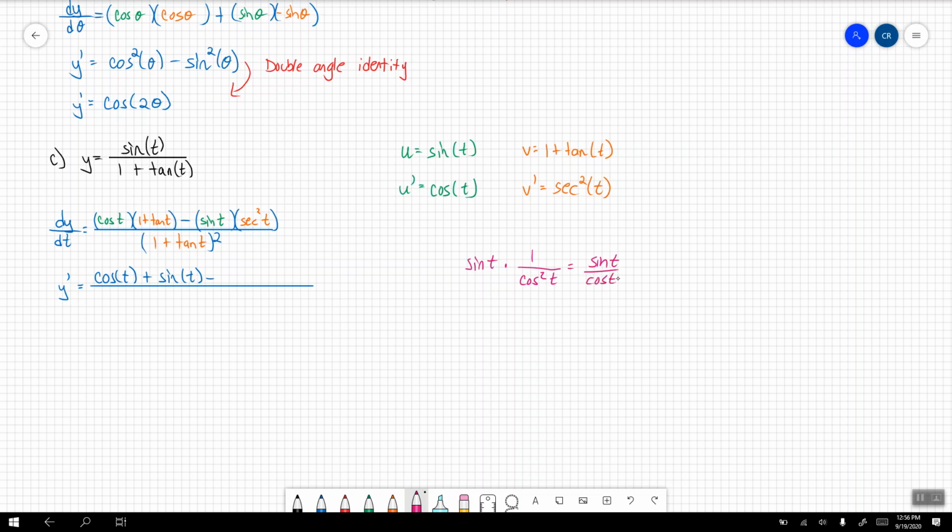Sine over cosine t multiplied by 1 over cosine of t, and therefore we're going to get tangent of t multiplied by secant of t. And so that's what I want to leave in my numerator: tangent of t multiplied by secant of t. And in the denominator we still have that 1 plus tangent of t quantity squared.